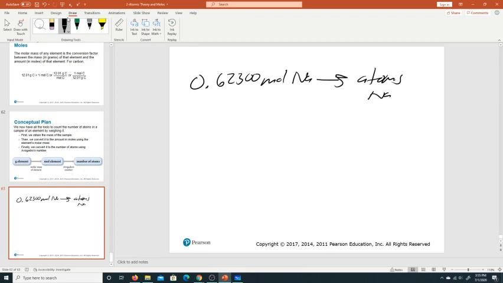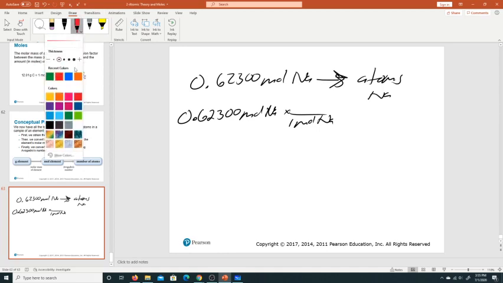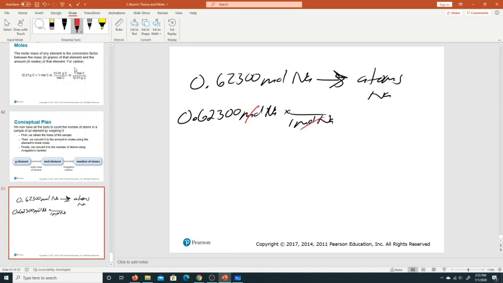Do I need the atomic weight of sodium? No. Because I'm going from moles to atoms, I'm not going into grams at all. So we have 0.62300 moles of Na. Well, now we use Avogadro's number. 1 mole of Na. Notice moles have to go on the bottom because I have moles on top, right?